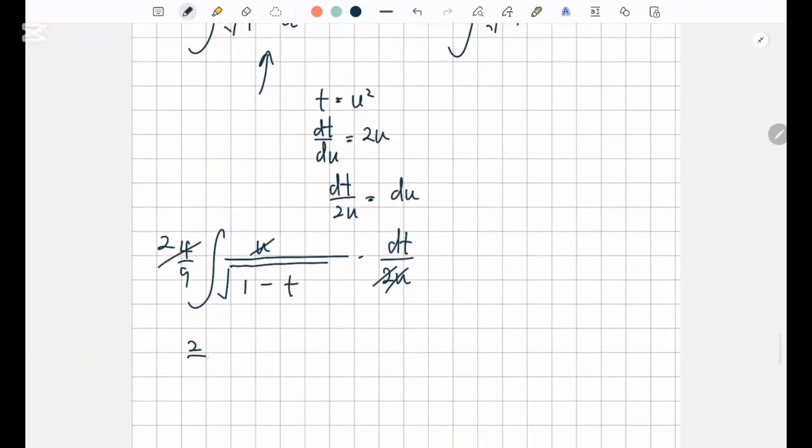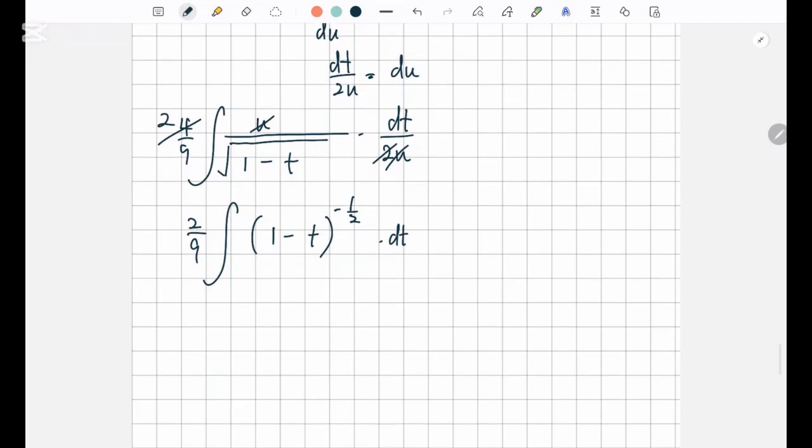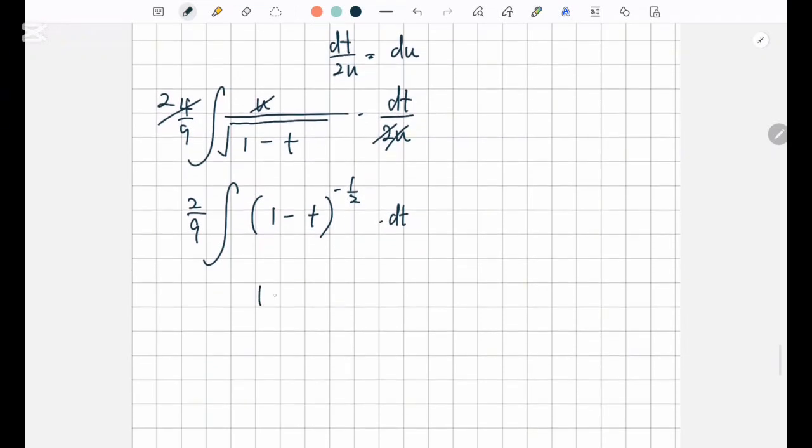So it's 2 over 9 with the integral of 1 minus t to the power, in brackets, negative half. Now this is an easy integral. All you have to do is just add the powers: minus half plus 1 over minus half plus 1 into 1 over the coefficient of t, minus 1.